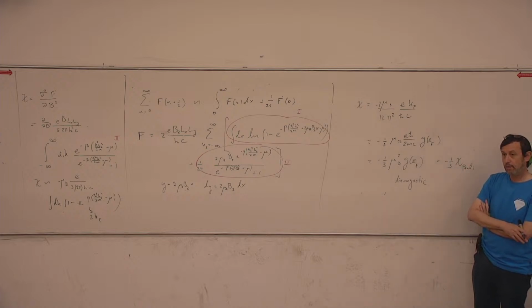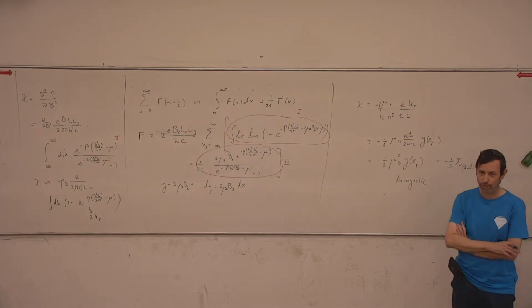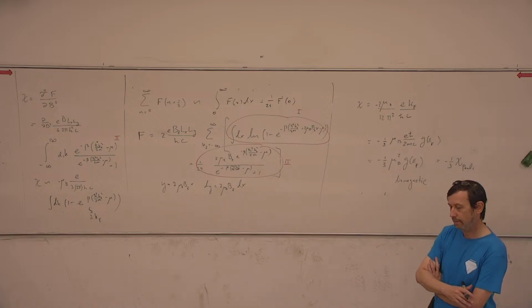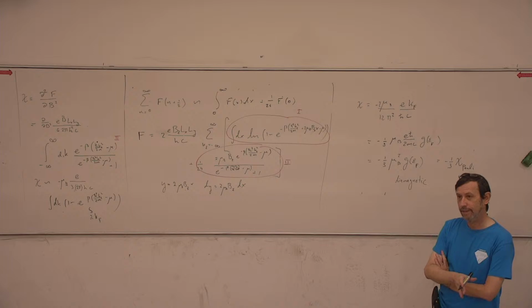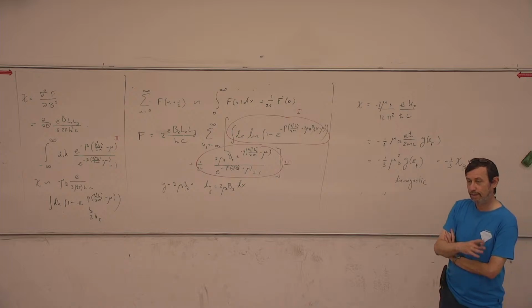So, if I want to see how good or bad is my free electron approximation for the behavior of electrons in a metal, I have a very strict way to actually measure it. Measure the contribution of spin compared to the contribution of orbital magnetism.